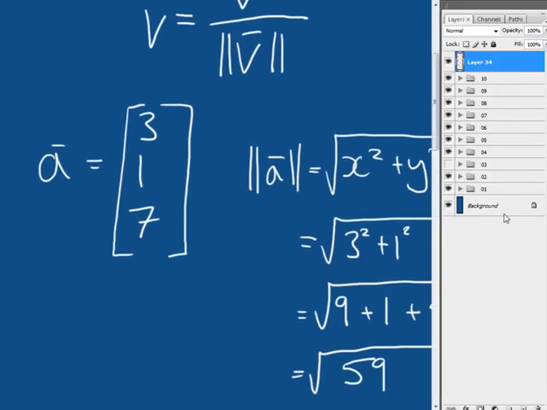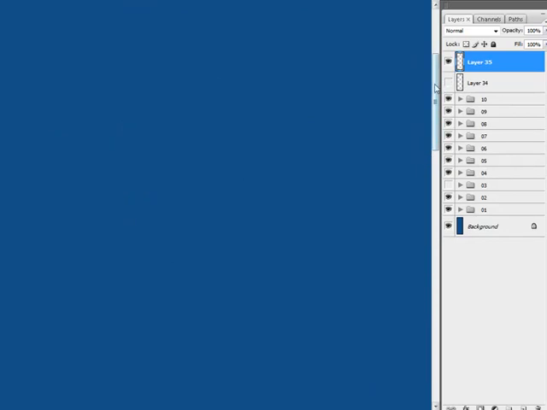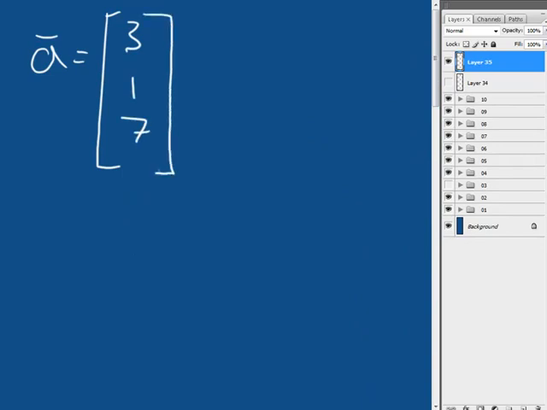So I'm going to bring up a new layer on our whiteboard, and we know that A is equal to the vector (3, 1, 7). And we saw that the length of A was equal to the square root of 59.